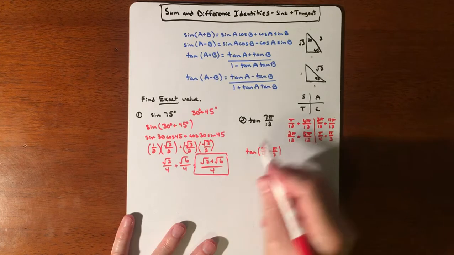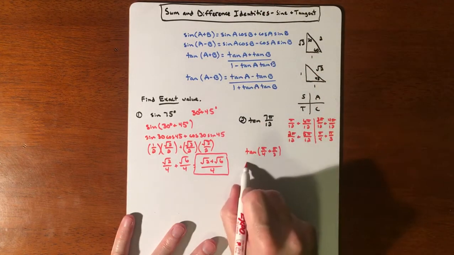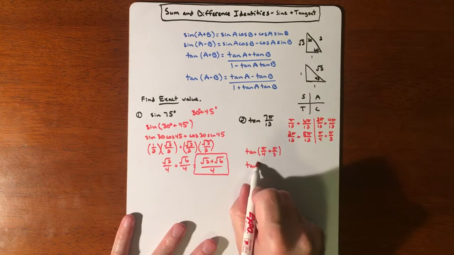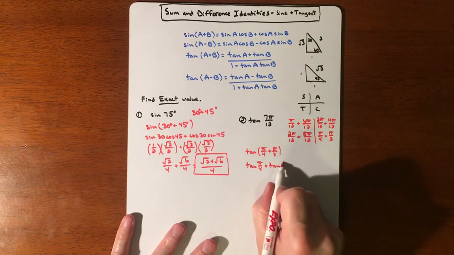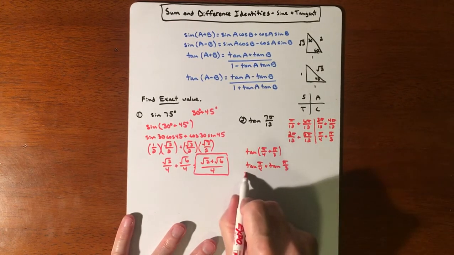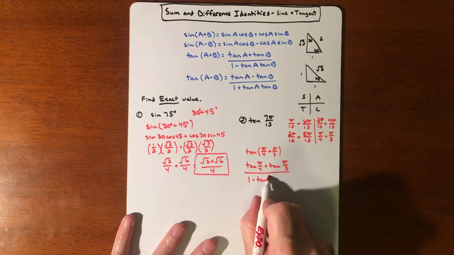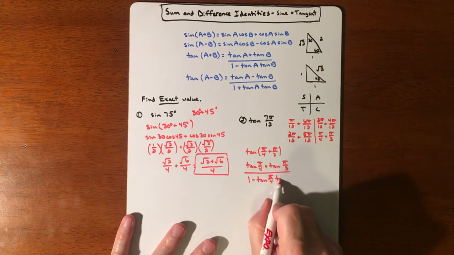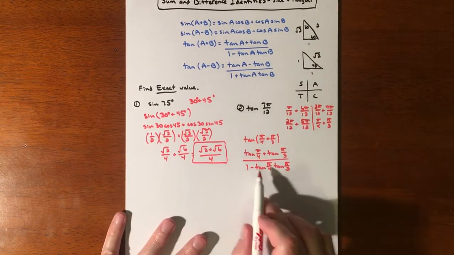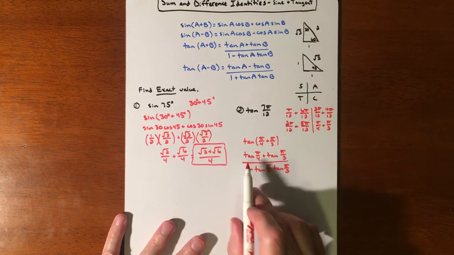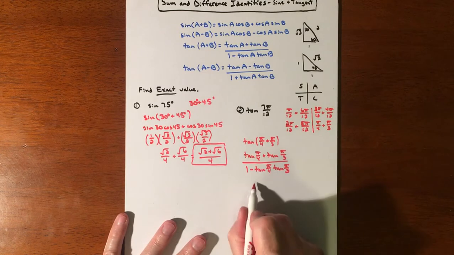All right, so we plug things right into the formula. We have an addition formula, so we're going to do tangent of pi over 4 plus tangent of pi over 3, divided by 1 minus those two same values. Tangent of pi over 4 is opposite over adjacent, so that's 1.